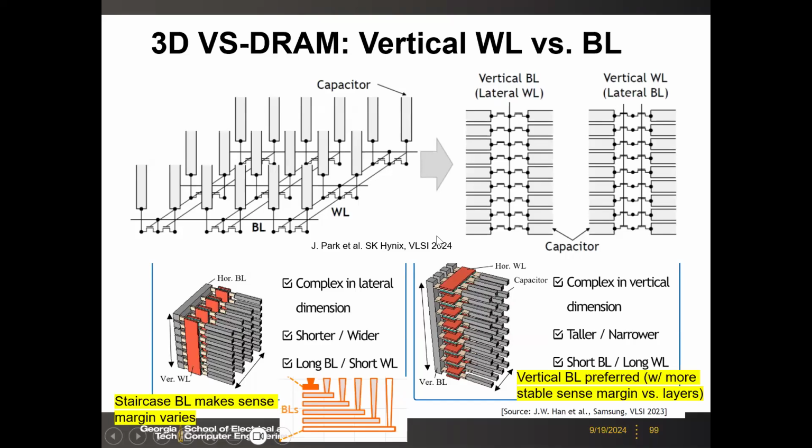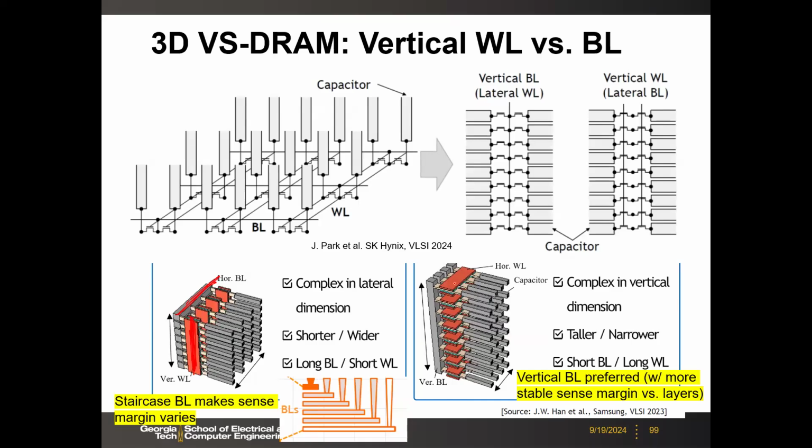So what is that? Depending on how you align the word line and bit line. For example here, the word line is vertically connected from different layers. They share the same word line. So it's like a vertical word line. And then the bit line is going to be orthogonal to the word line always, right? If the word line is vertical, then the bit line will be horizontal.